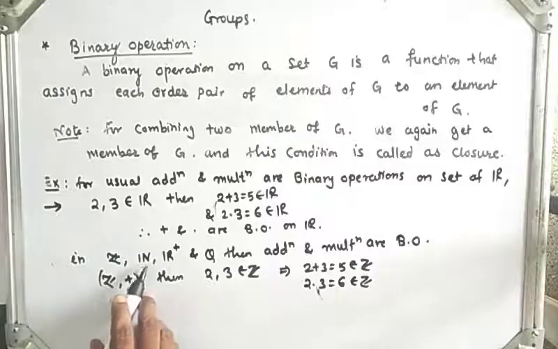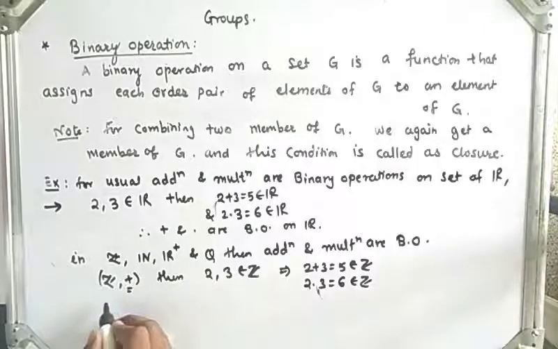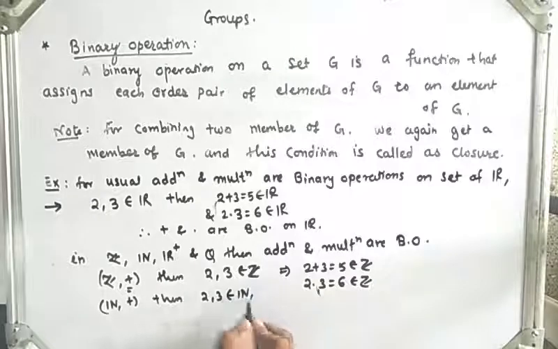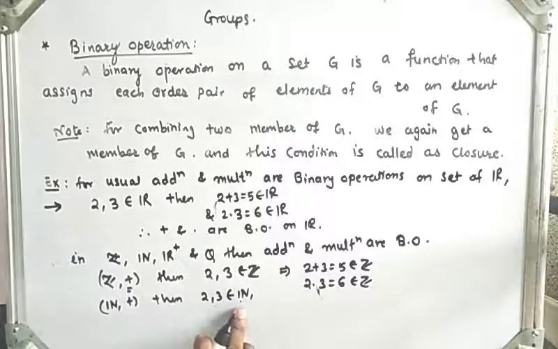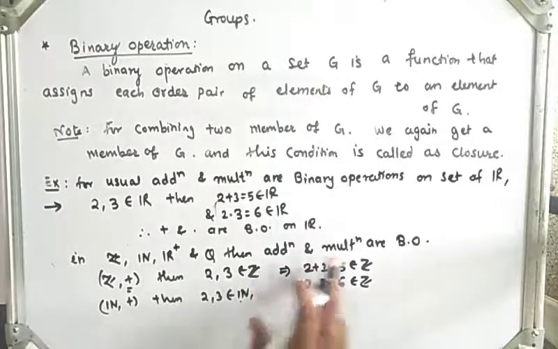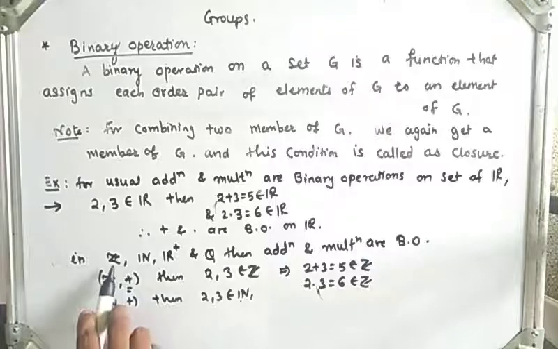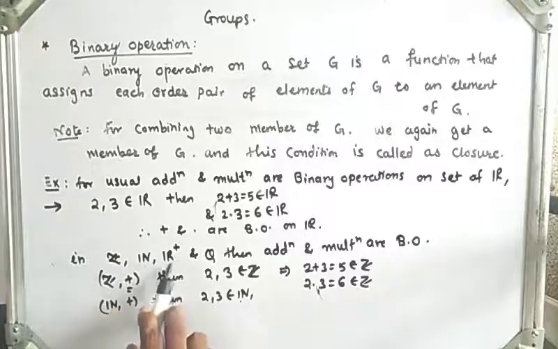So if I take natural numbers under addition, what will we get? If I take two numbers 2 and 3 belonging to natural numbers, then their addition and multiplication again belong to natural numbers. Therefore addition and multiplication are binary operations on the set of integers, natural numbers, positive real numbers, and rational numbers, right?